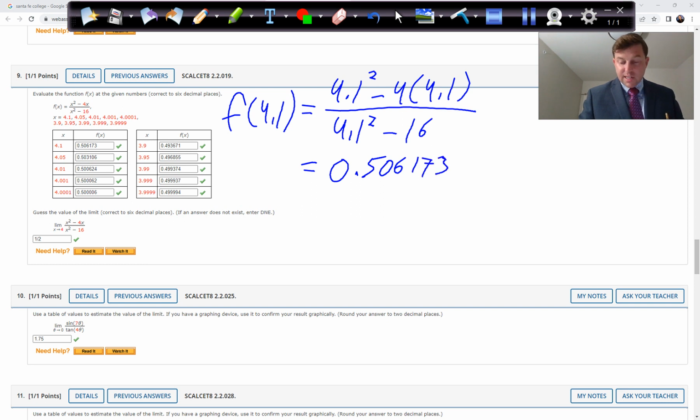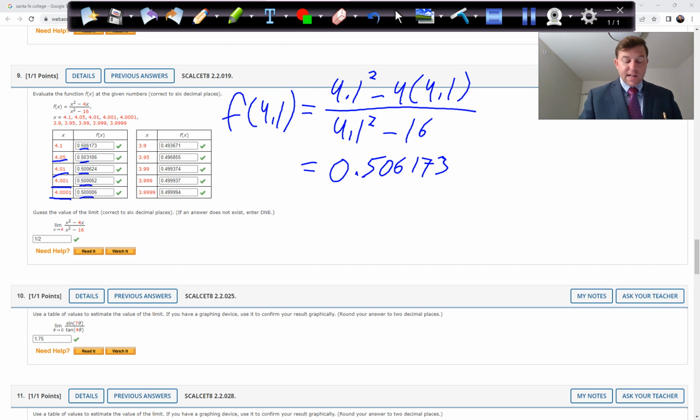And they want 6 decimals, so you have to be real careful here. Then they change it to 4.05 and 4.01 and 4.001 and 4.0001. So they're getting closer and closer to 4, and these numbers are getting closer and closer to 0.50.